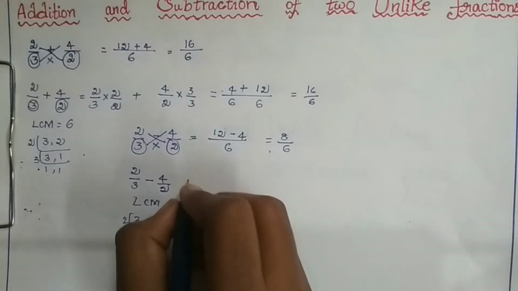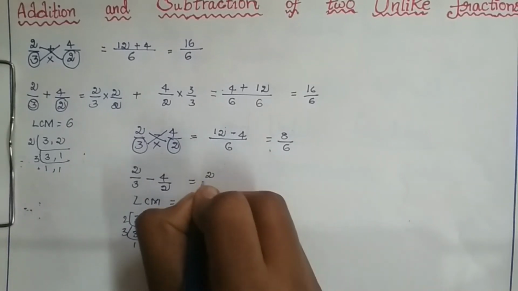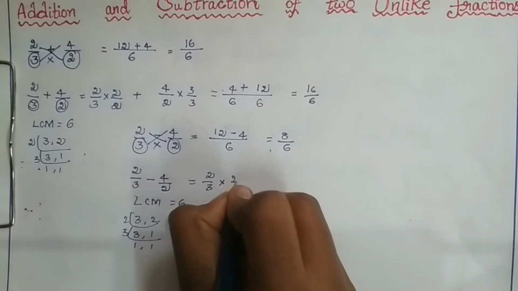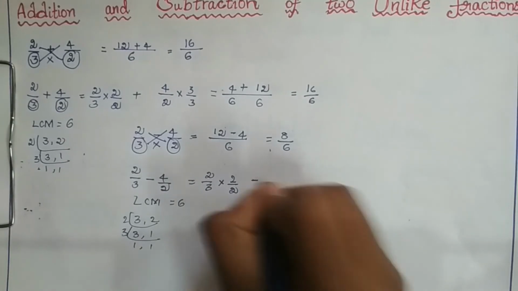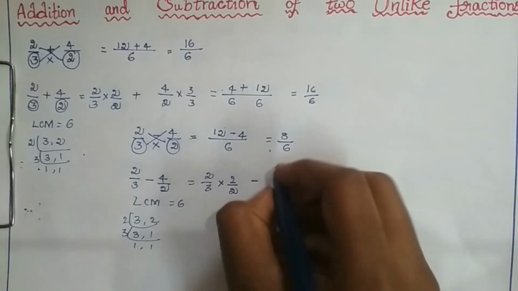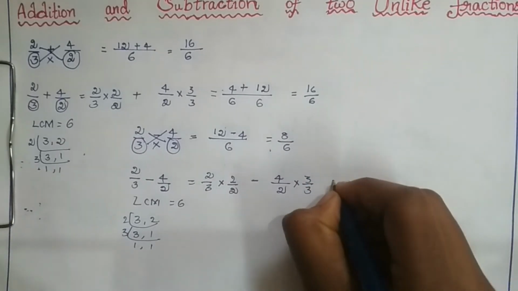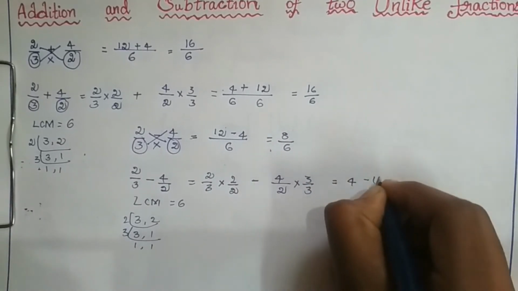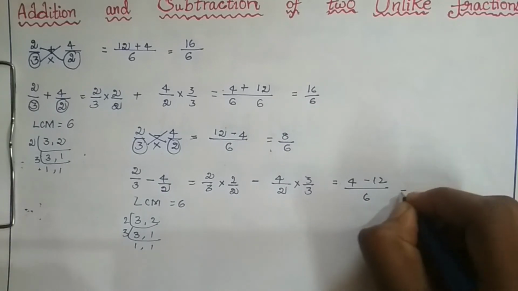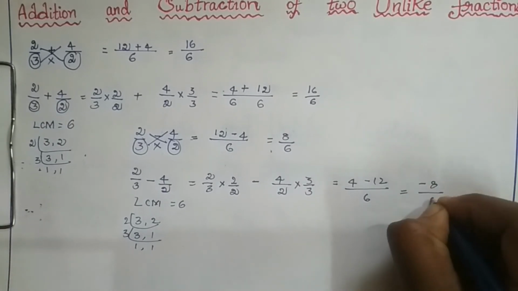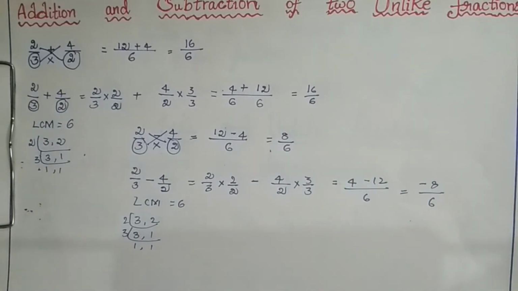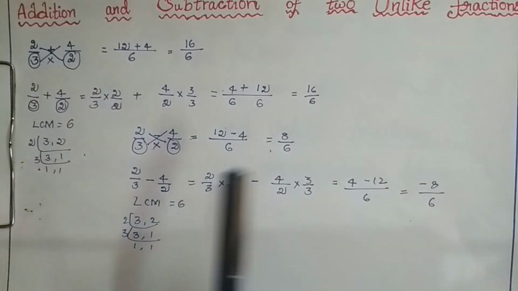So 2 by 3 into 2 by 2 the same, but we change the symbol. 4 by 2 into 3 by 3 in the same way. 4 minus 12 by 6, we will get minus 8 by 6. These are the two methods for each.